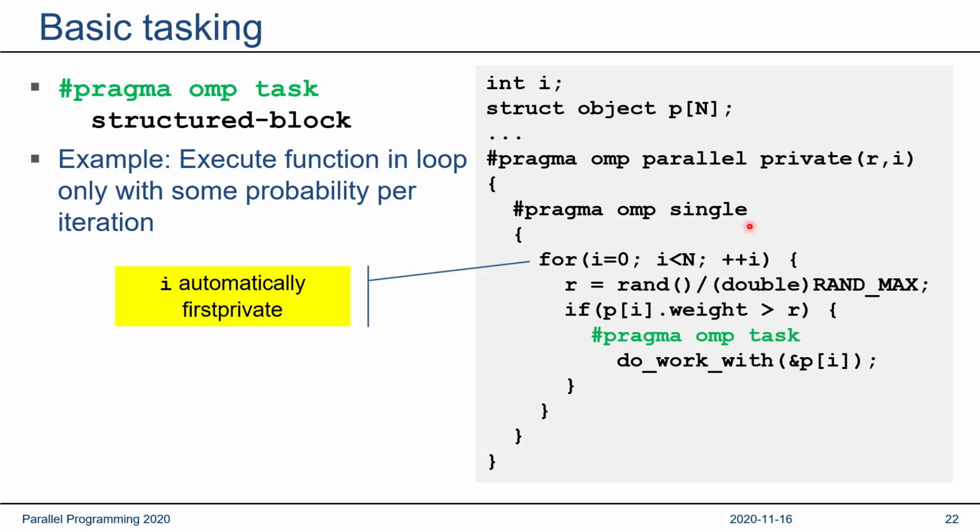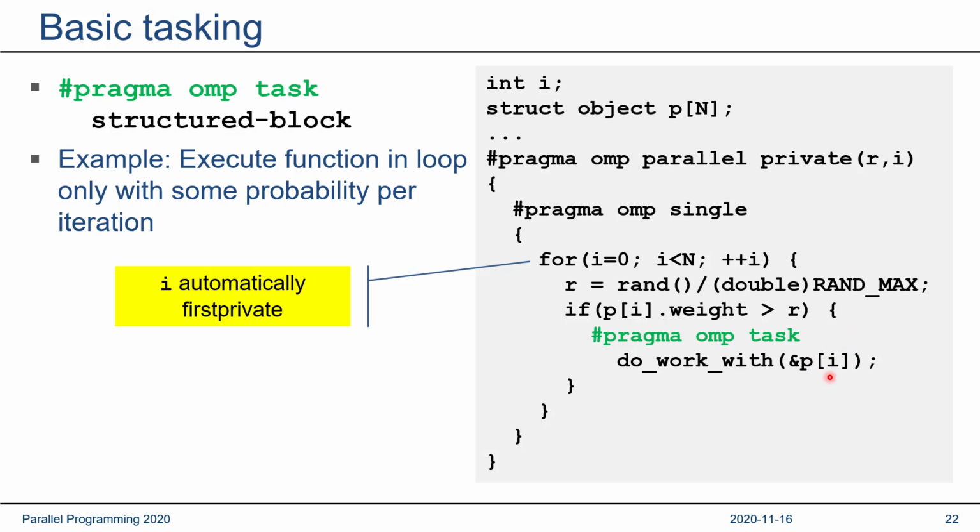Whenever you have a private variable in an enclosing context, as is the case here for i, then this variable becomes automatically firstprivate within the task. So I don't have to actually put it in a firstprivate clause.